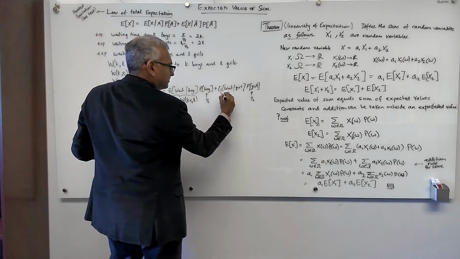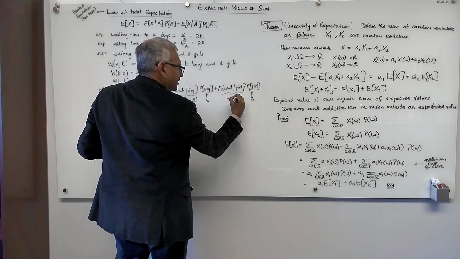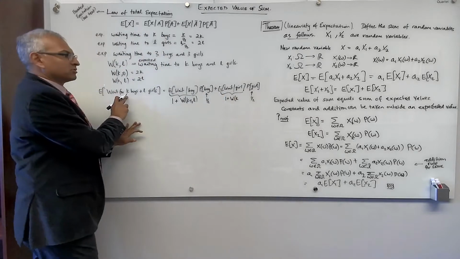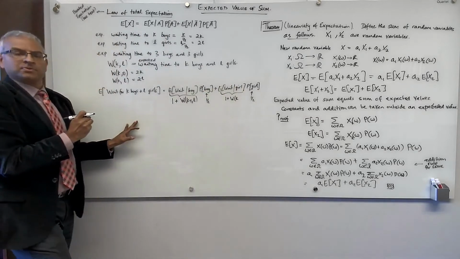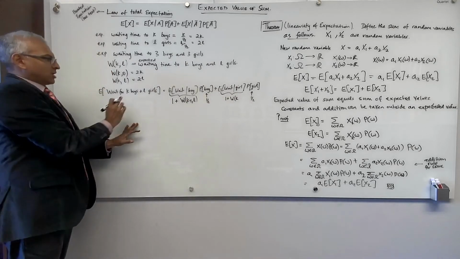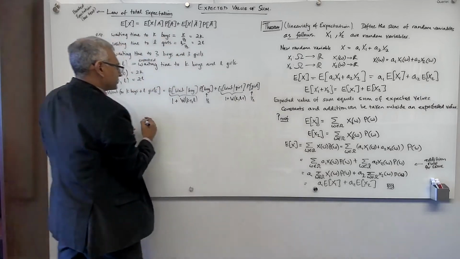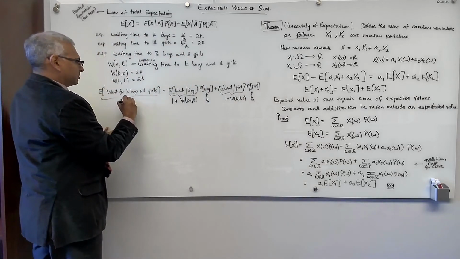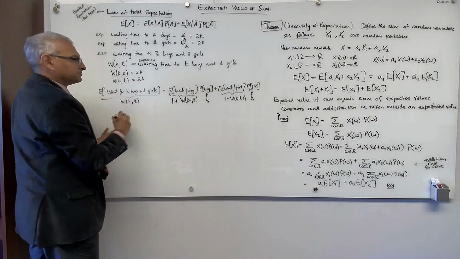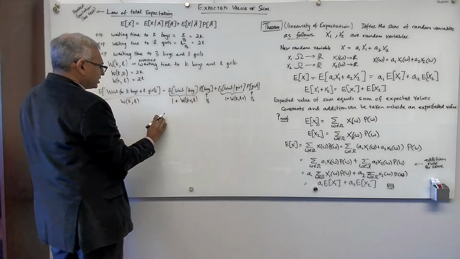And this guy here is 1 plus the waiting time to the K boys you were originally waiting for, but you had a girl. So that's this 1. Now you're waiting for K boys and L minus 1 girls. And this guy here is exactly W of K and L. So what have we proved?